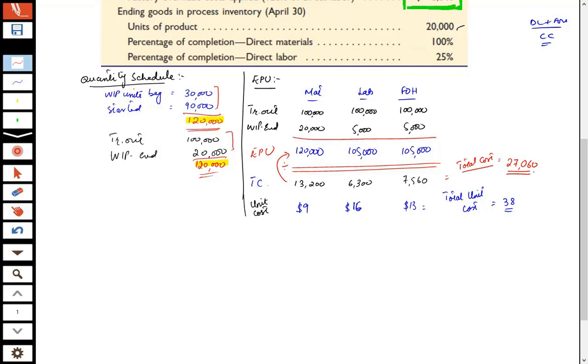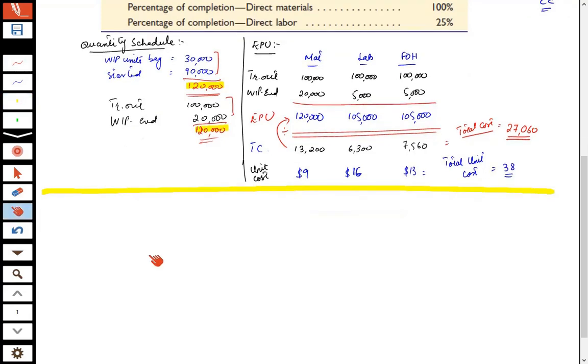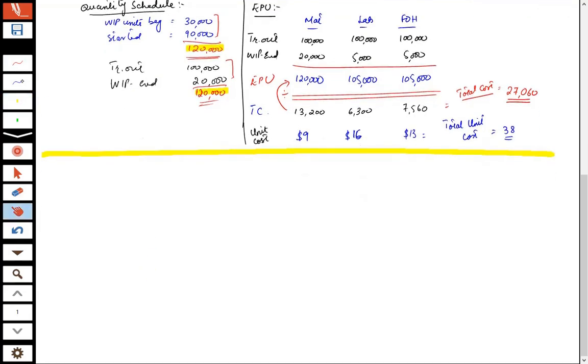Okay. Now the next step is cost accounted for. What will be the value of transfer out?